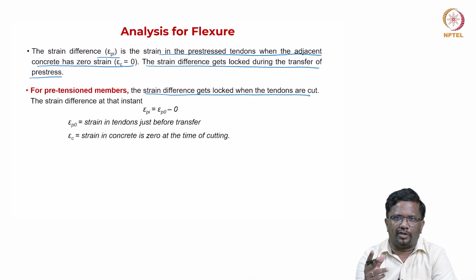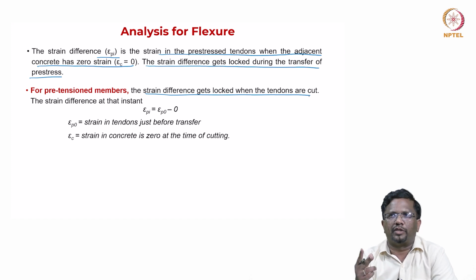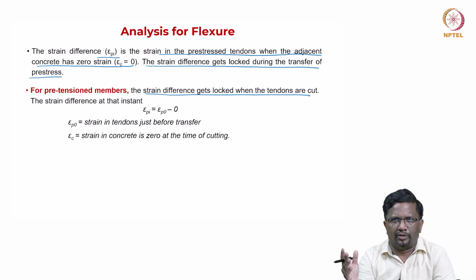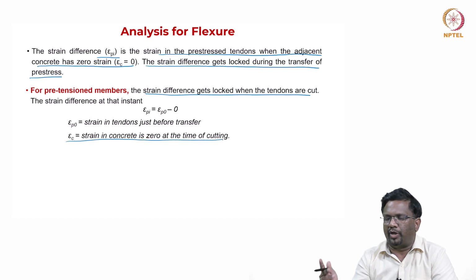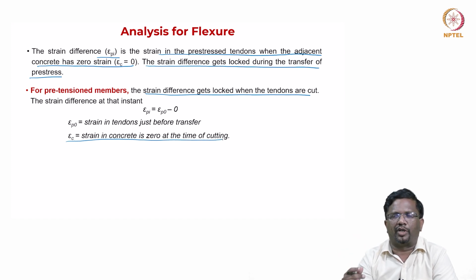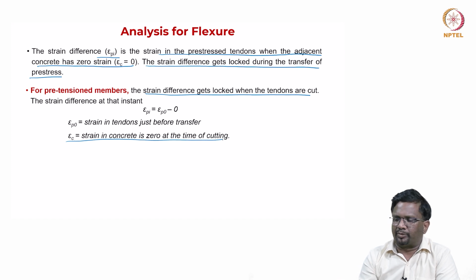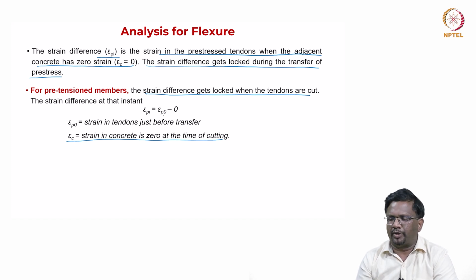Because they are directly bonded with the concrete, when the tendons are cut, the concrete also deforms, steel also deforms, right. So, the strain in concrete, epsilon c, is 0 while you transfer the pre-stress, that means when you cut the strand. So, epsilon pi will be the strain in the tendon just before transfer. So, epsilon pi is nothing but epsilon p naught minus epsilon c 0.